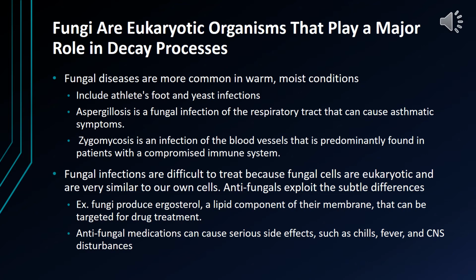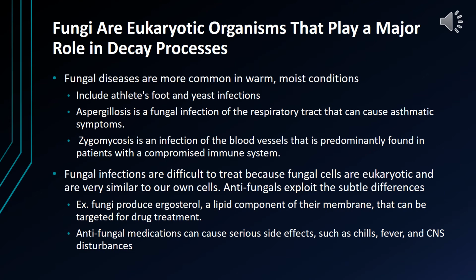which is predominantly found in patients with a compromised immune system. Fungal infections can be very difficult to treat because fungal cells are eukaryotic just like our own cells and are thus pretty similar actually. And we have antifungal drugs which can exploit the subtle differences. For example, fungi produce ergosterol, which is a lipid compound specific to their membrane that can be targeted for drug treatment.